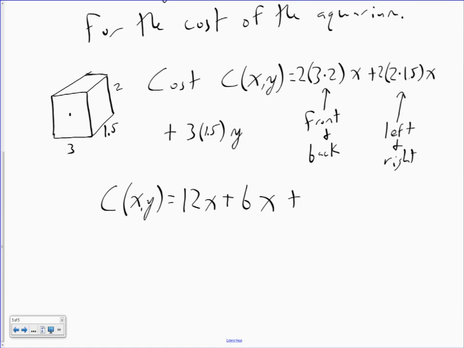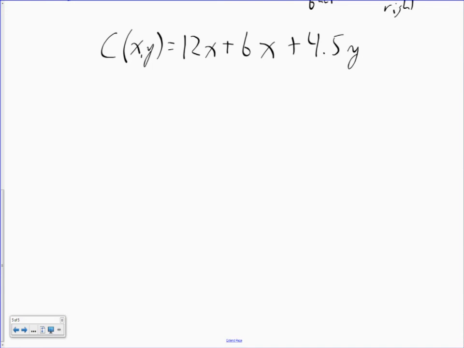And then the bottom, 3 times 1.5 gives us 4.5y. We can clean this up even further because we've got those X's in common, so we can combine like terms. We end up with 18x plus 4.5y.